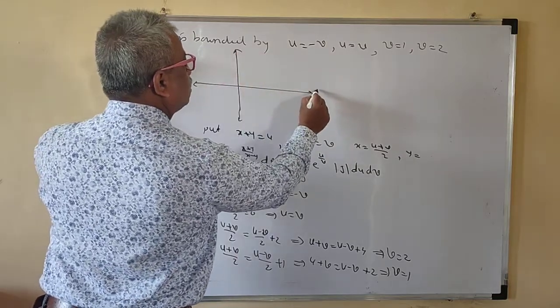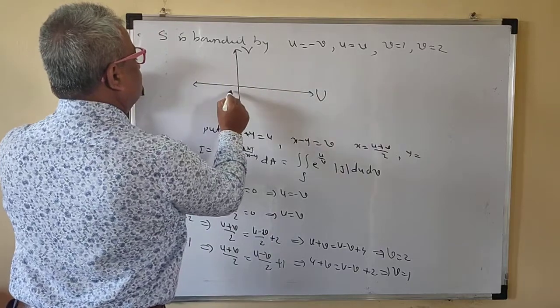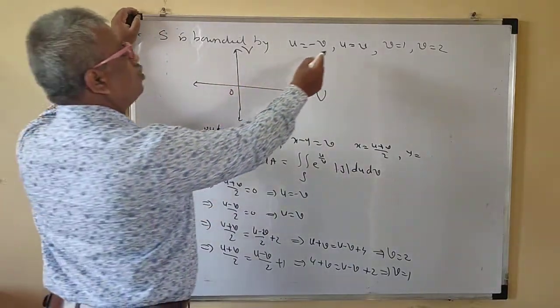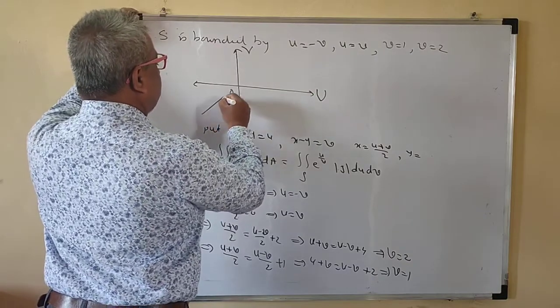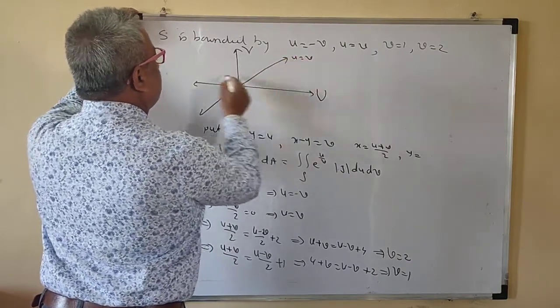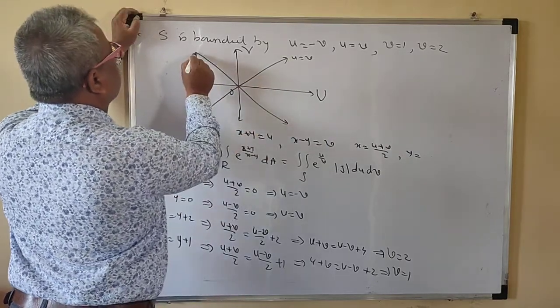This is your u axis, and this is your v axis, 0. So u is equal to v, that means this bisects the first quadrant. This is u is equal to v, and this is u is equal to minus v.